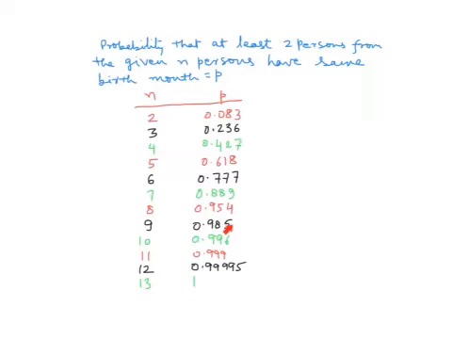So think about that fear of risk that all 9 may have different birth months, because there are 12 months actually. It is a risky situation and we may lose the bet, but the probability is 0.985. Even with 8, the probability is quite high, 0.954.